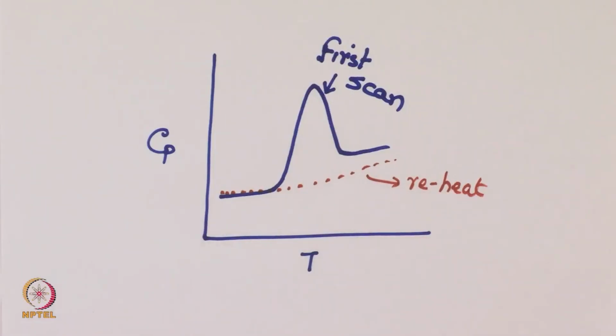And let us keep in mind that the laws of equilibrium thermodynamics can be applied to the reversible system. Therefore, it is very important to establish whether the folding and unfolding process is reversible or irreversible. And as I mentioned, differential scanning calorimetry can play a significant role in this.